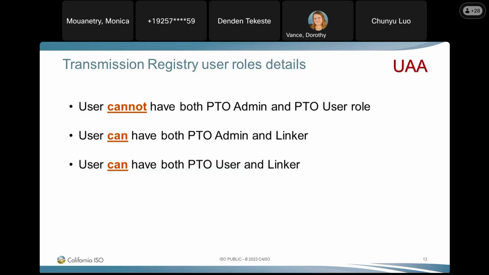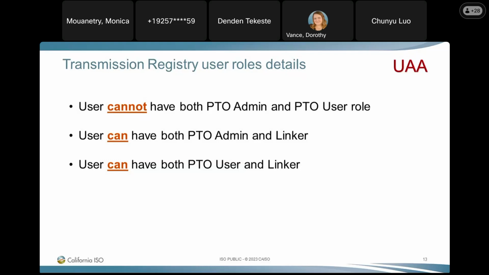In addition, when they go into the Access Identity Management application, which I'll talk about in a few minutes, as they're getting ready to submit a request for a new user to have these roles, they'll receive an error message if they submit a request for both roles, the admin and the user, so they won't be able to do that. They have to make sure they submit a request for one or the other.